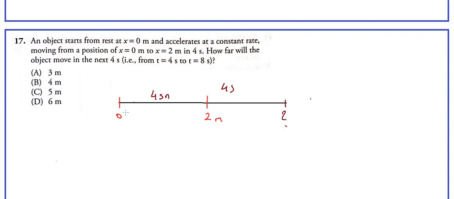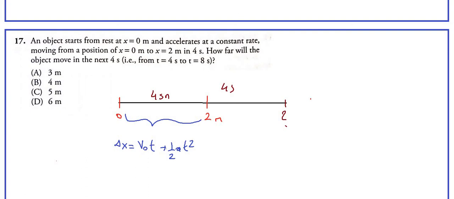So from the first part of the line, we can find the acceleration using the displacement formula, which is delta x is equal to initial velocity times time plus 1/2 a t squared. From here, we know the initial velocity, we know the time, we know the displacement, and we're going to solve for acceleration.